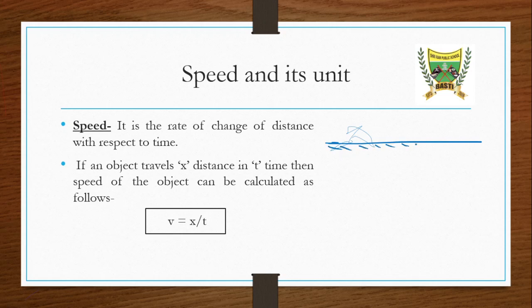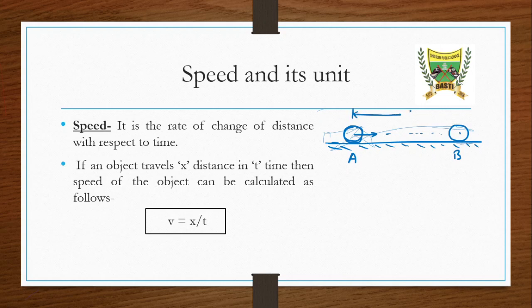Now suppose that we have thrown a ball from point A, and after some time it moves to the point B. When we throw a ball on the ground, then we all simply know that it will travel from one point to another point. So one point is A, another point is B. So the ball is moving from point A to point B in some time t.